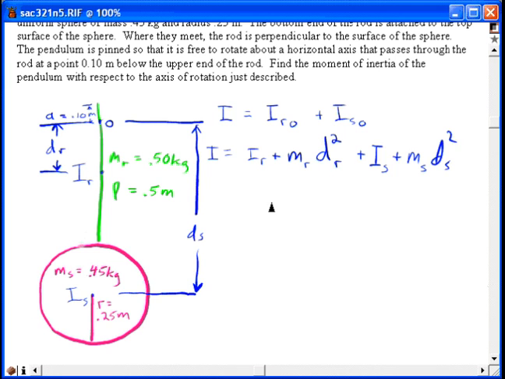D sub r is going to be half the length of the rod minus this distance that I've called a in the diagram, the distance that the axis about which we wish to calculate the entire moment of inertia is from the end of the rod. So that'll be L over 2 minus a. Let's fix that up.